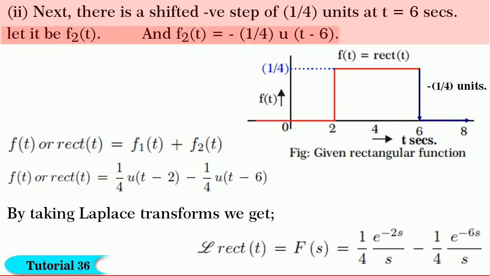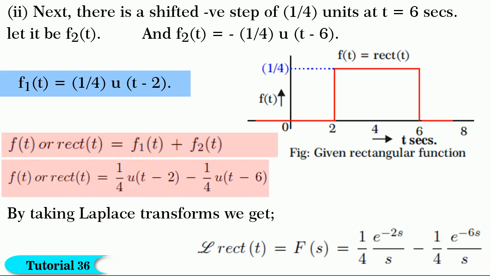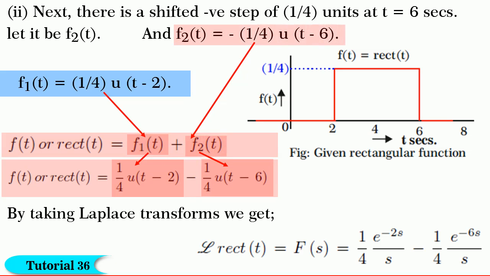Let it be f2 of t, and f2 of t is equal to minus 1 by 4 u of t minus 6. So, f of t or rect of t is equal to f1 of t plus f2 of t. By substituting the values for f1 of t and f2 of t, we get rect of t is equal to 1 by 4 u of t minus 2 minus 1 by 4 u of t minus 6.